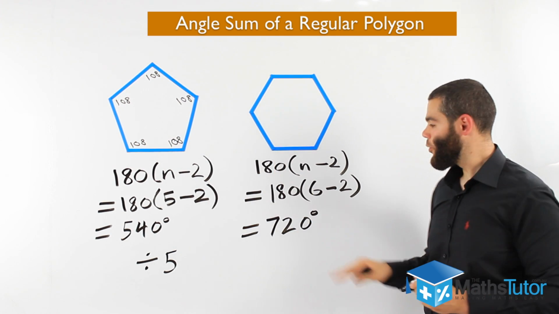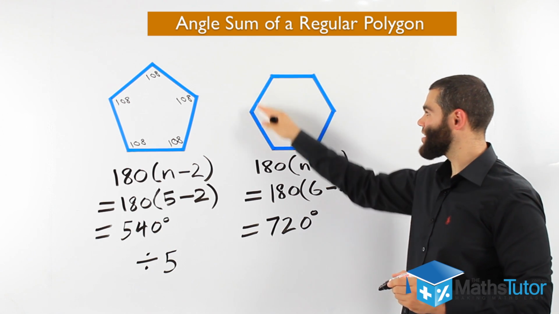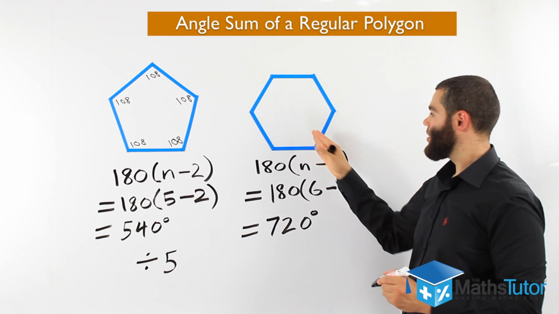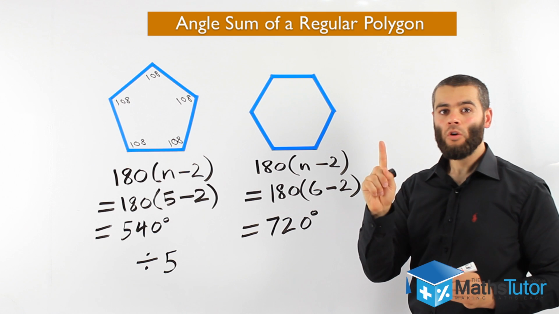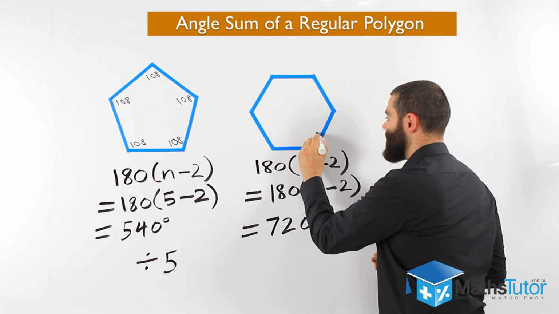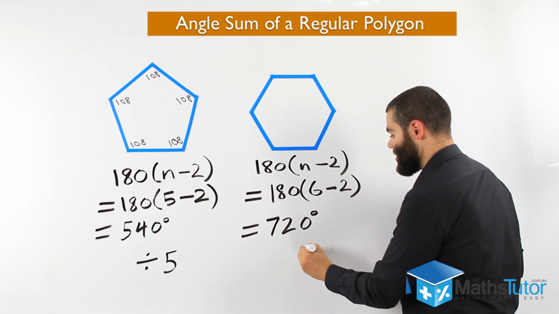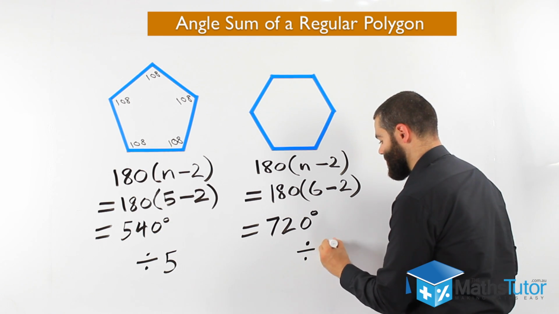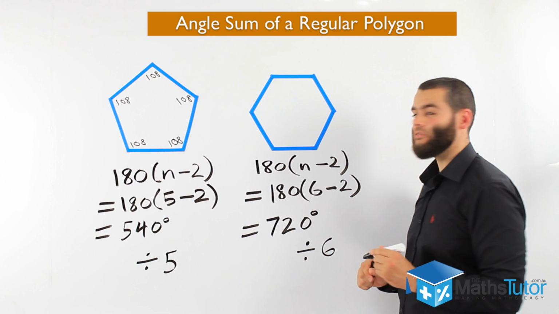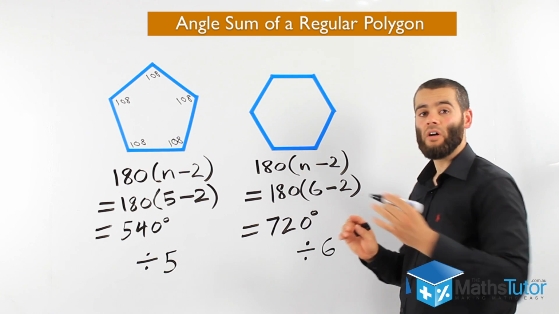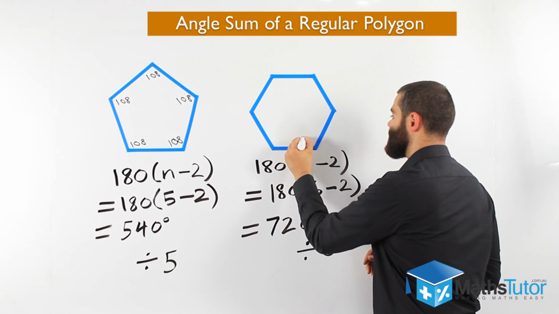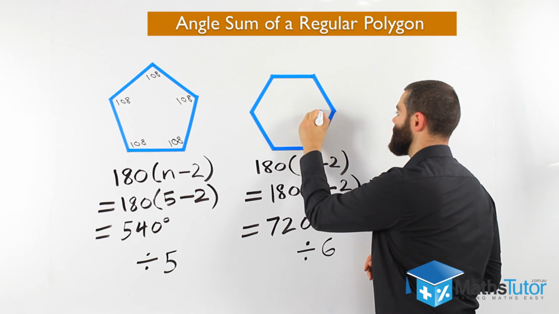Hexagon, same thing. We know 720 is the angle sum, the total, but there are 6 angles. We would like to know the size of one angle. So 720 divided by 6 angles, which is 120 degrees.